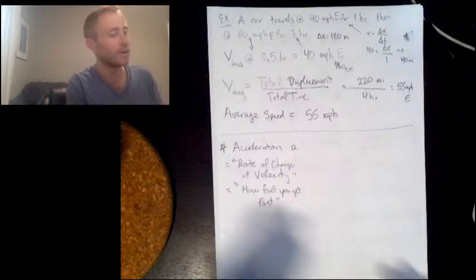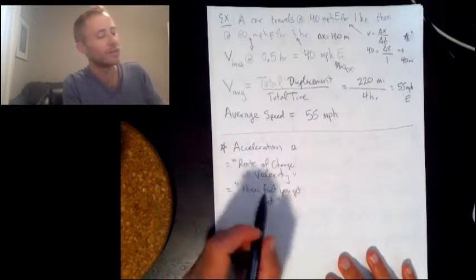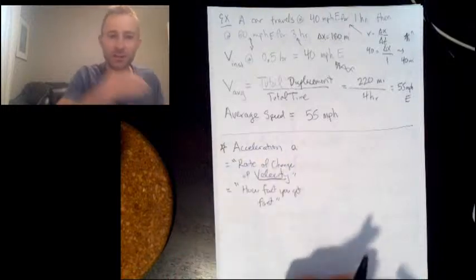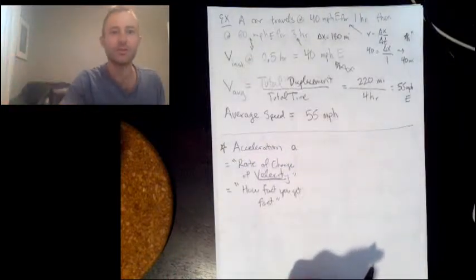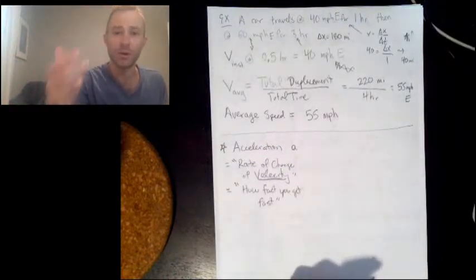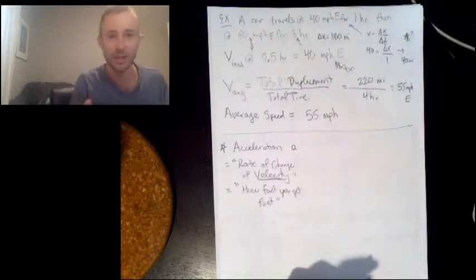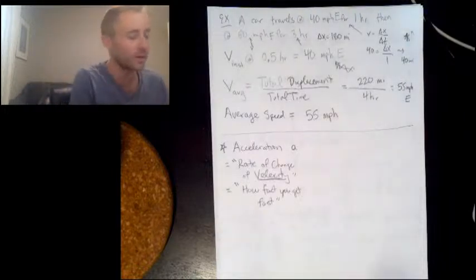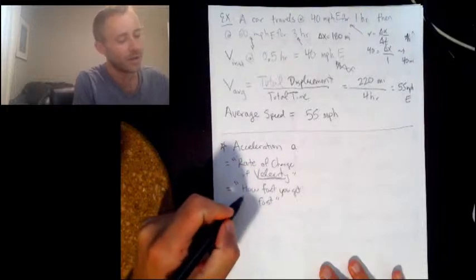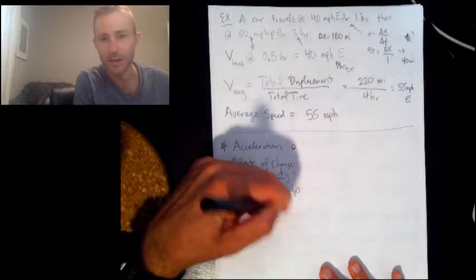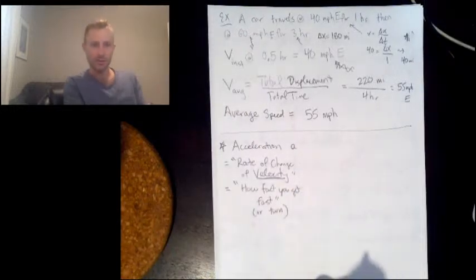Because remember, acceleration is the rate of change of velocity. And velocity is not just speed, it's also direction. So another way you could accelerate is you could turn. You could change the direction of the velocity, okay? So I like to think of it as how fast you get fast or how fast you turn. All right? Turning also counts as acceleration.